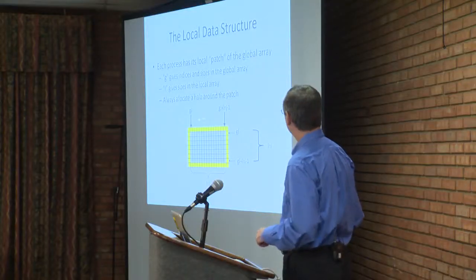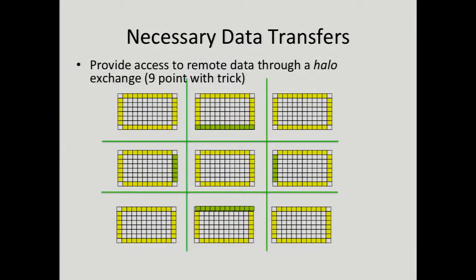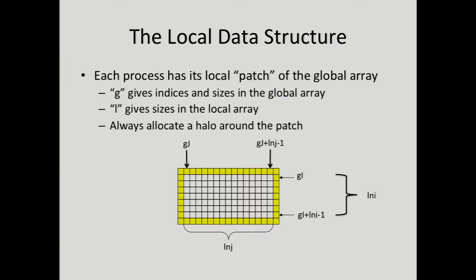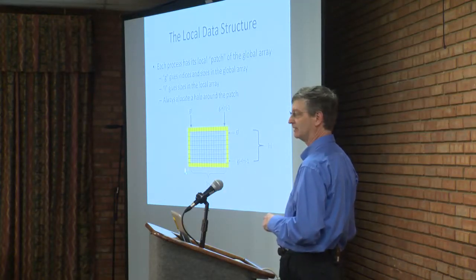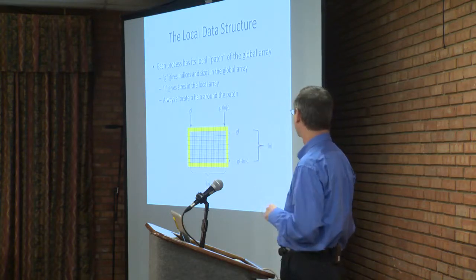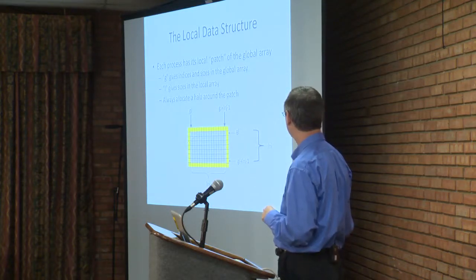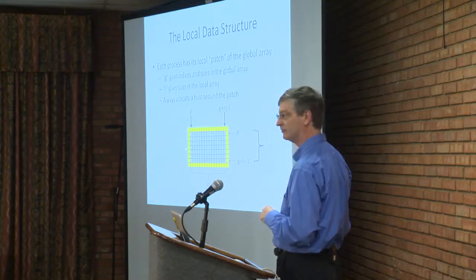So this nice local mesh, these cells, depending on how I write it in C, either the row or the column are going to be contiguous, and then the other ones are going to be strided. This cell is going to be LNJ plus 2 from this cell and so forth.